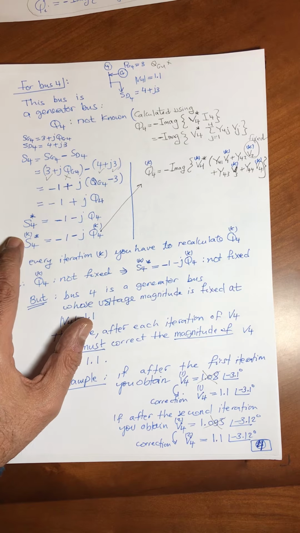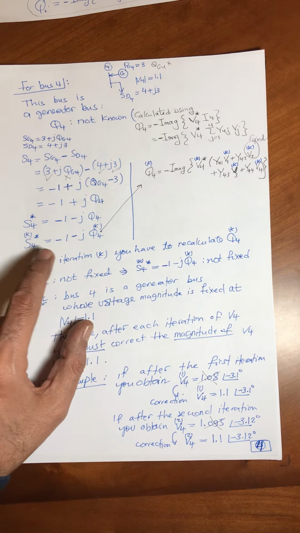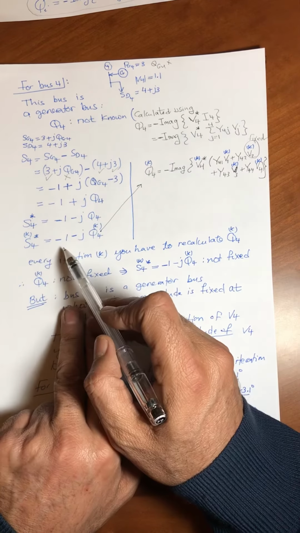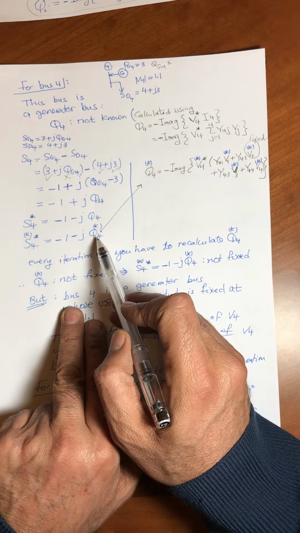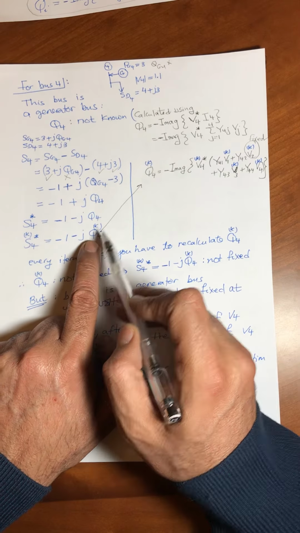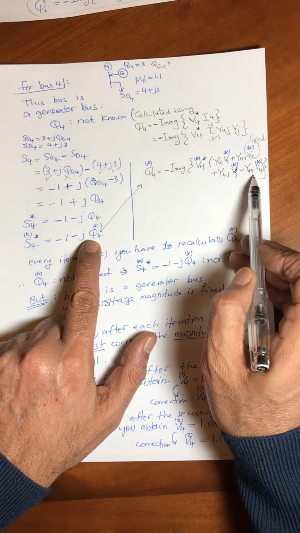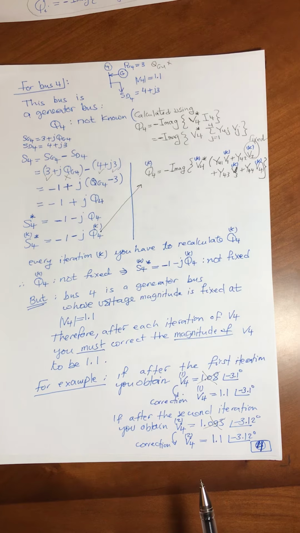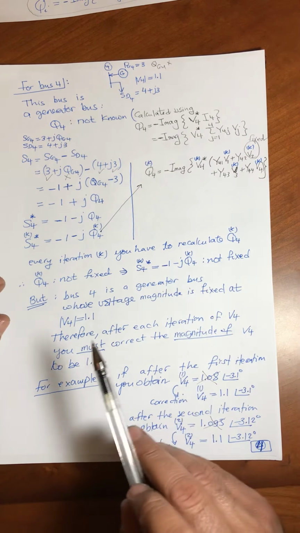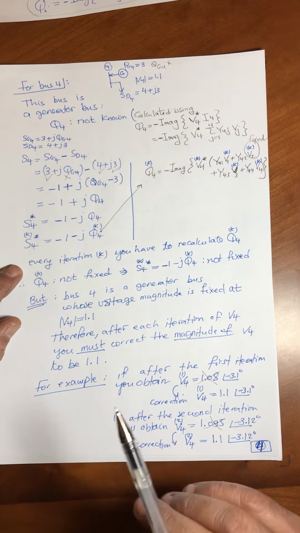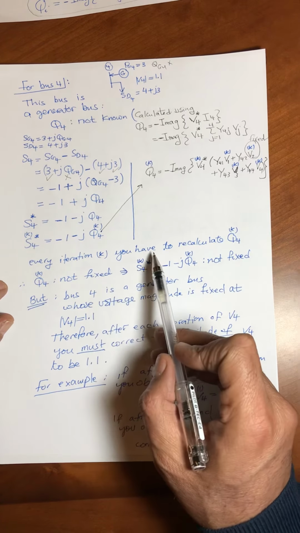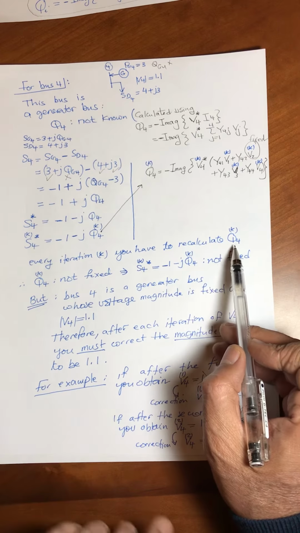If we put the counter K, minus 1 minus JQ4 of K. So this is known, but this is not known. So how to calculate Q4 using this relation, using this equation. When a bus is a generator bus, in every iteration you have to calculate the reactive power.